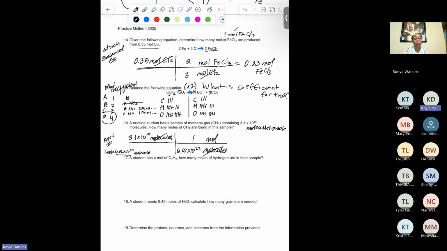As we might have learned with numbers with exponents in the pH unit, we have to make sure we use parentheses. So I'm going to type this in: open parenthesis 3.1 times 10 to the 19 close parenthesis, divided by open parenthesis 6.02 times 10 to the 23 close parenthesis.